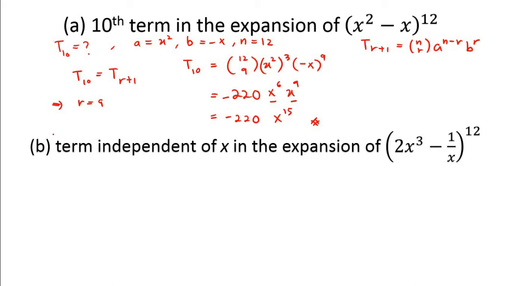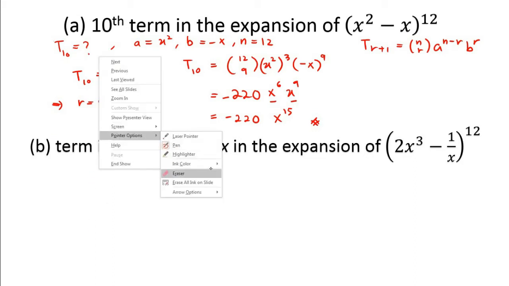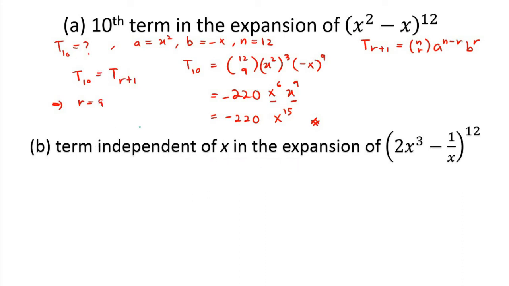Okay, what does it mean by term independent of x? Independent means it shouldn't involve any of those things mentioned, right? So this one is independent of x, meaning that it would have no x.